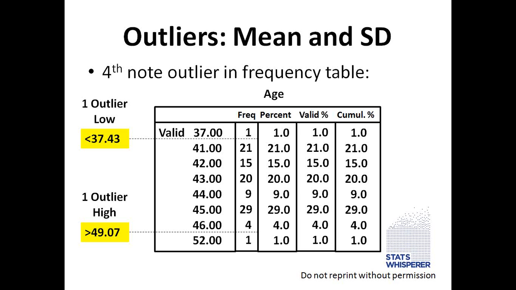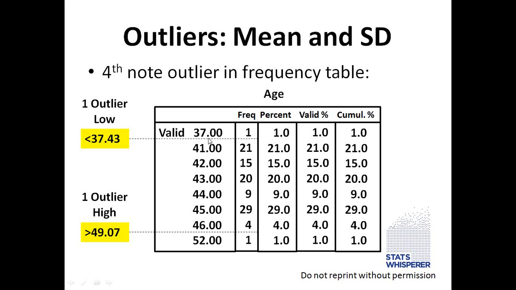So then, remember I said they had the frequency distribution where they told you how many people, like 1 person was 37, and 21 were 41. Well, that's what we have right here. And we could see here's our cutoff of 37.43 right here. So how many people are outside of that cutoff? Just 1 person. Here's someone who's 41, and anyone younger than that, just 1 person.